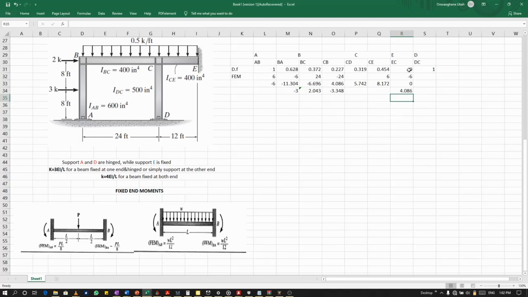Then if we have a fixed joint, we're not sharing anything from a fixed joint. We can only share to a fixed joint. So please have that at the back of your mind.